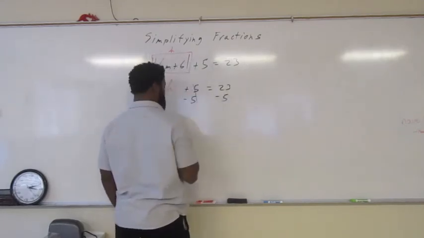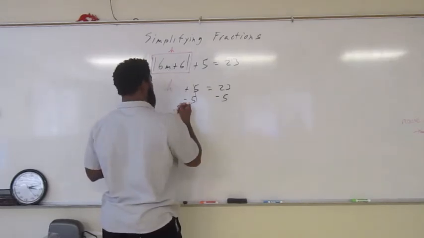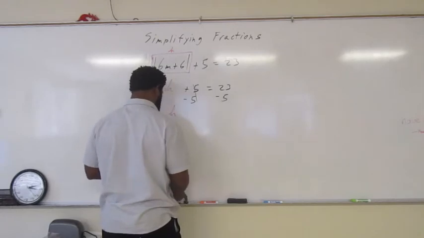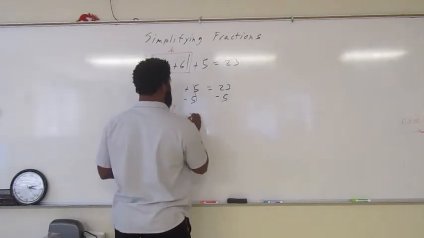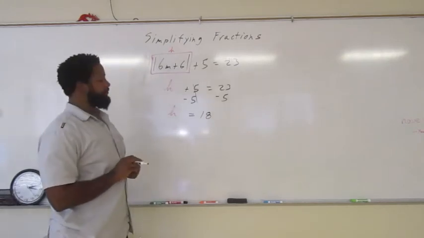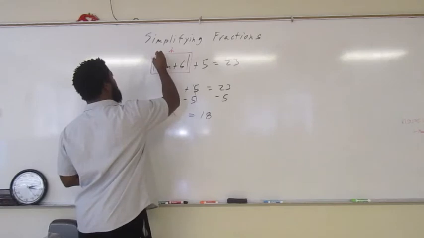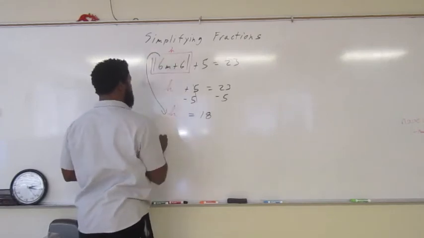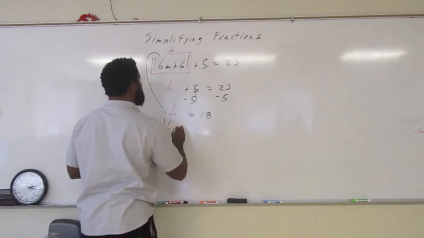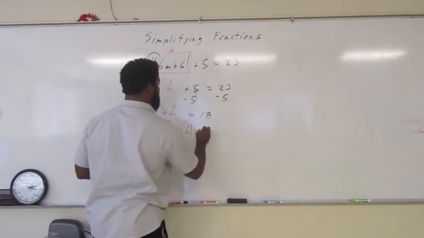So therefore we have H is equal to 18. Good job. Now obviously, we're going to take our absolute value out. So therefore, we have absolute value of 6m plus 6 is equal to 18.